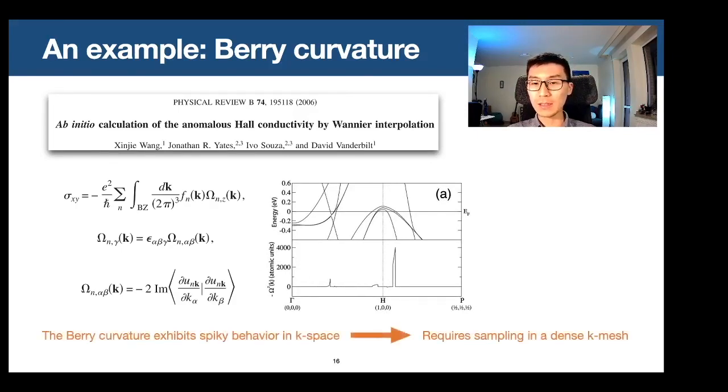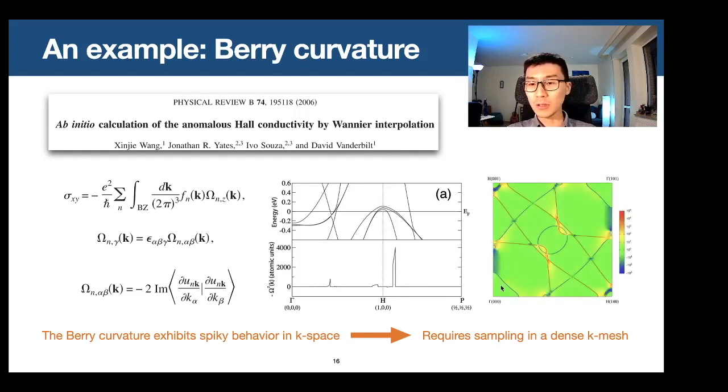That means we need to sample K space quite a lot, in a very dense mesh, and this can be done very efficiently with Wannier functions, as demonstrated by this paper. For example, you can visualize the K space distribution of the Berry curvature with very high accuracy, and you can really see that there is a hotspot here and another hotspot there.